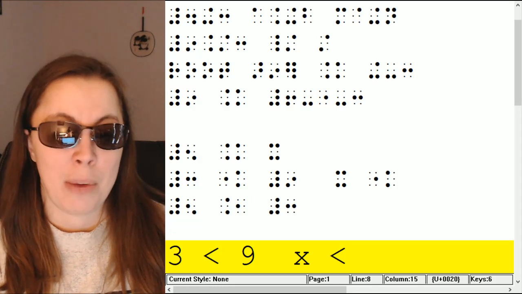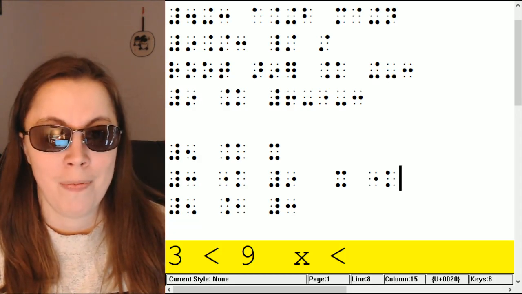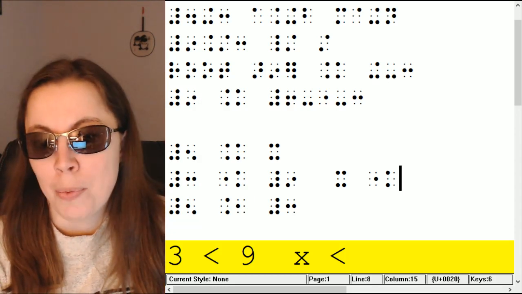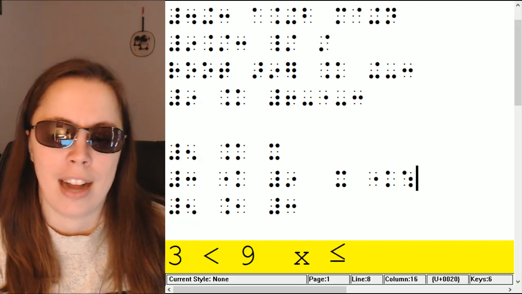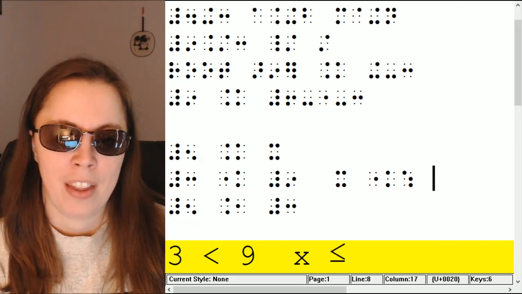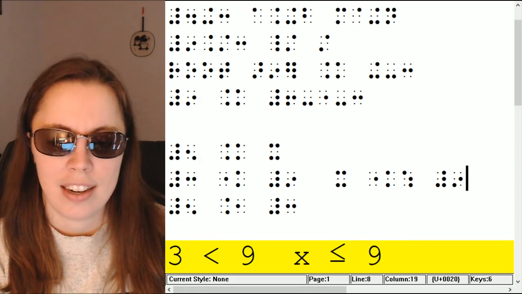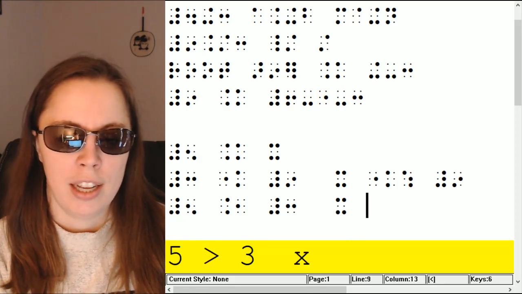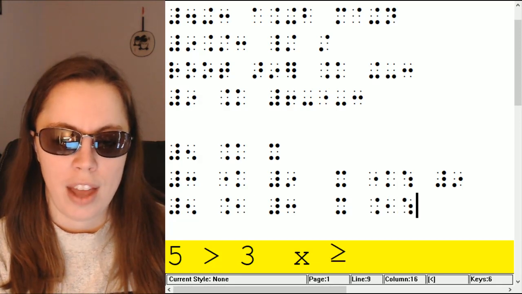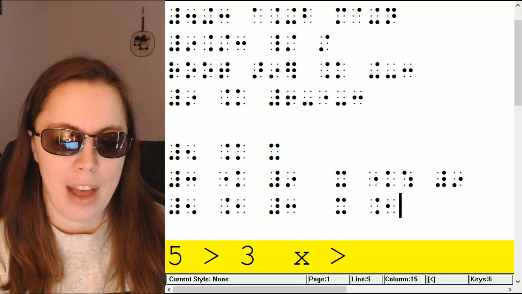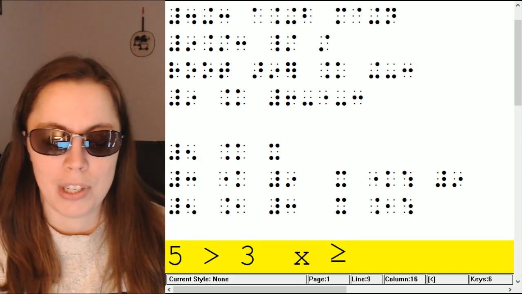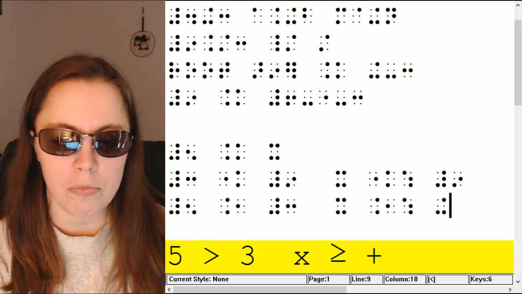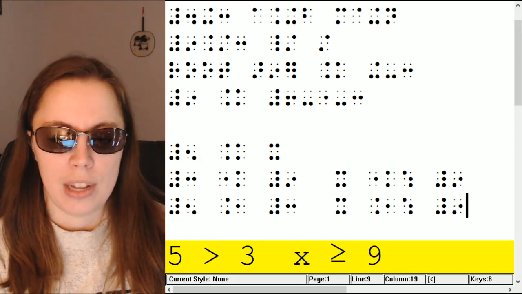For less than or equal to, I start off with my less than, and then I add my or equal to with a bar. A bar is dots 156. And so I could say it's less than 9, or less than or equal to 9. I could make the same structure and do greater than or equal to, and you see when I add that bar how it just adds the or equal to in my translation line to 9. Do that same thing.